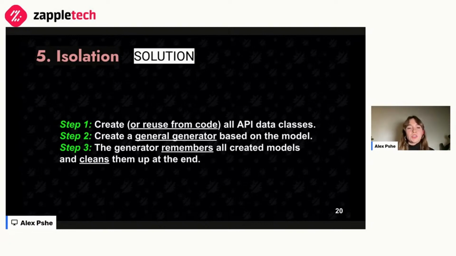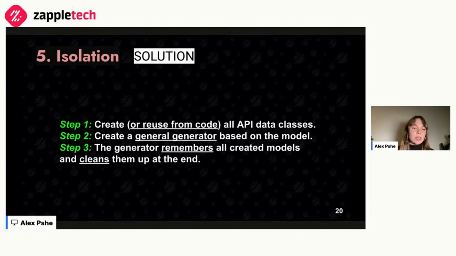We create such functionality where, in the beginning of each test, we generate all possible test data. And we also keep the information on which test data we generated. And in the end, we just use this storage, which already saved all this information, and we say okay, right now it's time to clean up. So just clean it up.